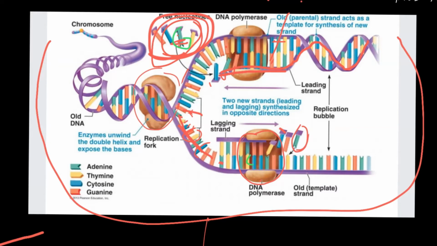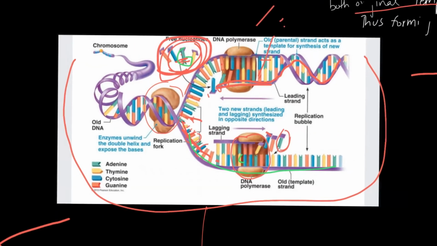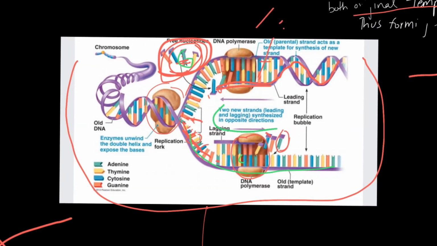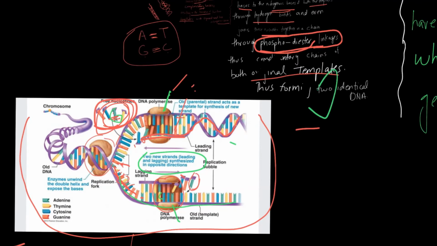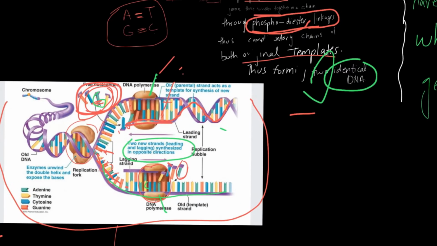So it joins these free nucleotides to these free templates with exposed nitrogenous bases, and it joins them together in two new strands, right? So there are two DNA polymerases, one works for the upper strand, one works for the bottom strand, and it creates two new strands, making this original structure of DNA again, thus forming two identical DNA. As we've learned, that's what DNA replication does.